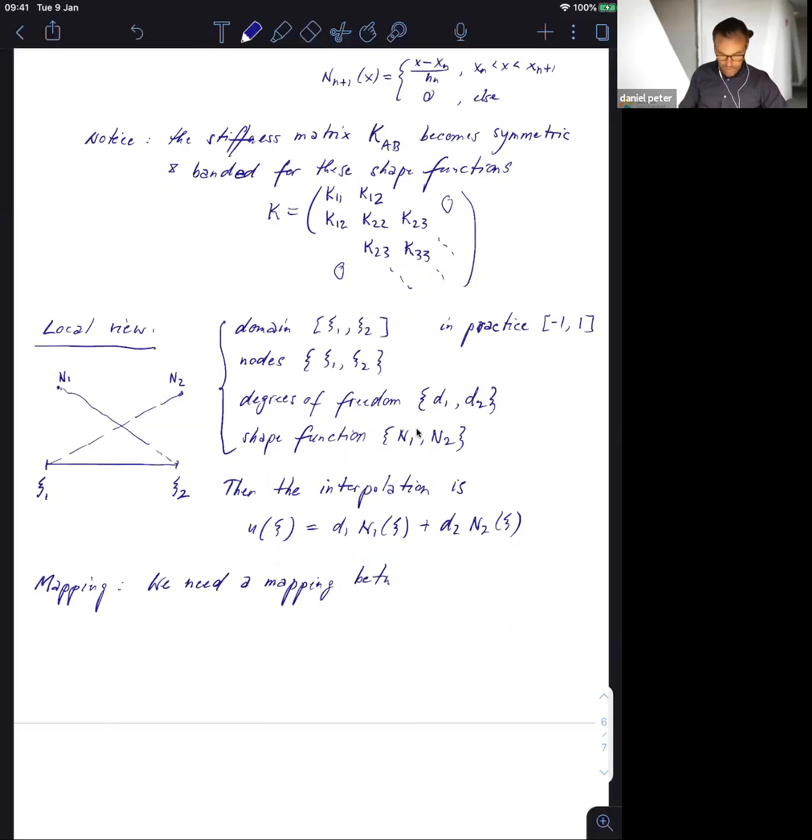We need a mapping between both views, such that our mapping psi maps from the physical domain, the element, to our reference element.